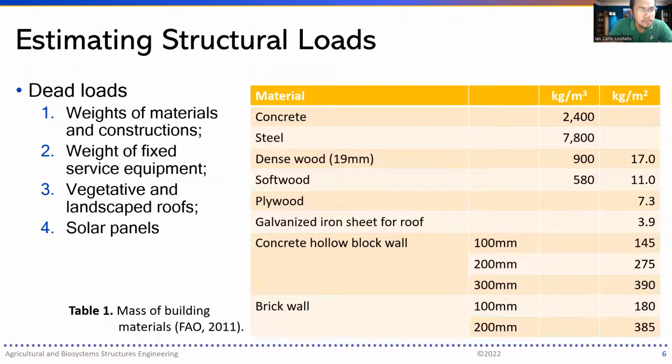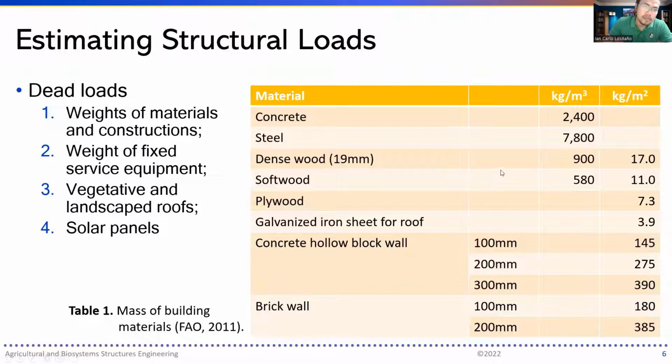Now, for dead loads, you could also include the weight of fixed service equipment. What are examples of this? You have your boiler, for example, or your air conditioning unit, which are fixed to the structure or building. Next, you also have vegetation and landscaping in your building. You also have solar panels, which are fixed atop the topmost floor or the roof.